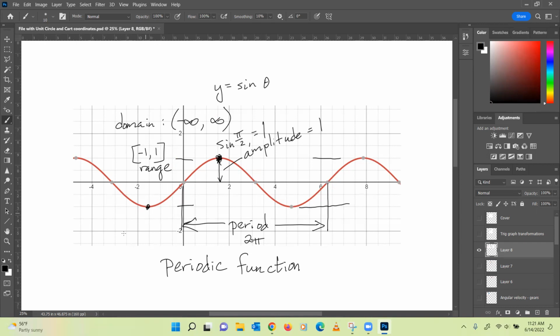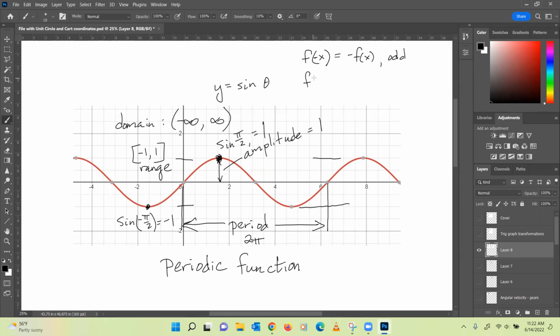The sine of -pi over 2, I'm going to put that in parentheses so we don't confuse the negative with a minus sign, is -1. And remember, when we said that f of -x equals negative f of x, it was an odd function.